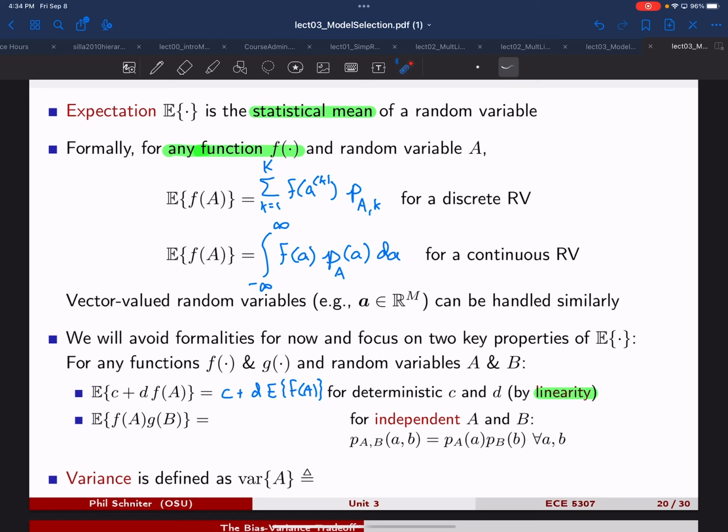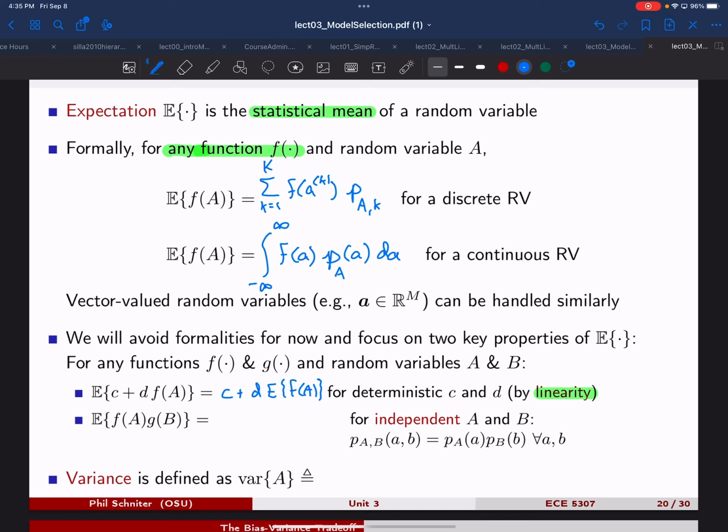Now we have a second property, which we can apply if and only if the two random variables A and B are statistically independent. On the left we have the expected value of a product of some function of A and some function of B. In the general case, we cannot break this down any more. We're stuck here. But if A and B are statistically independent, then you can break it up. Let's take a guess. Is Kevin Donnelly here?